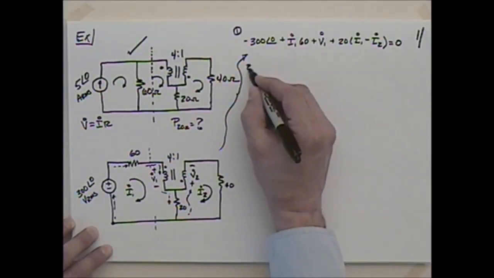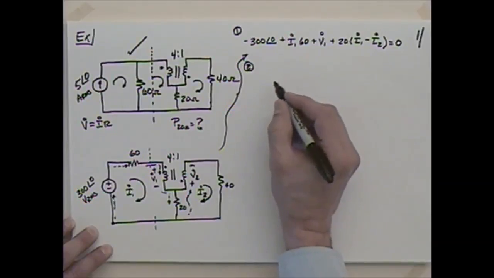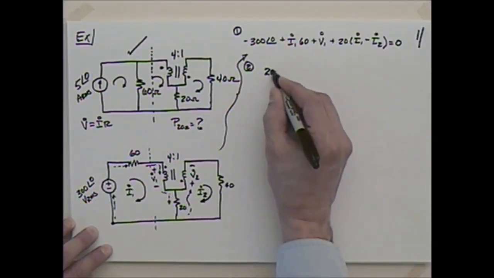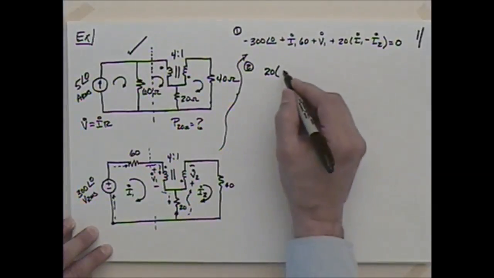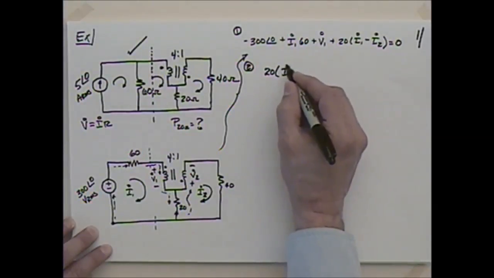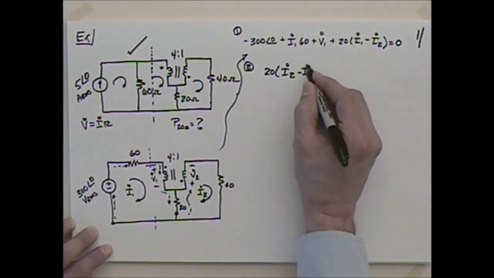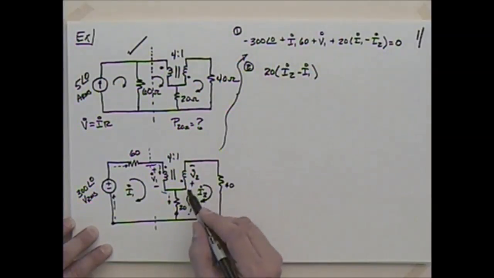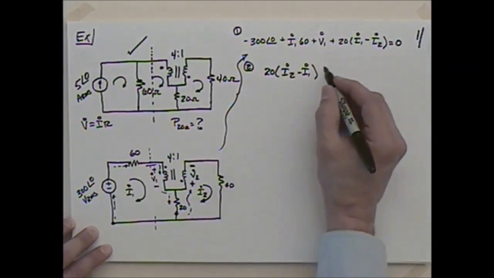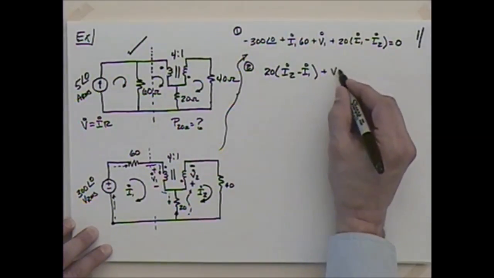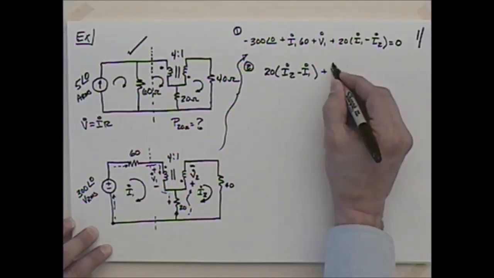So why don't I write equation 2 here as 20 times the current going up through this, which is I2 minus I1. And then as I go from positive to negative here, that's going to be a drop, so that'll be positive. I'm taking drops as positive, positive V2.